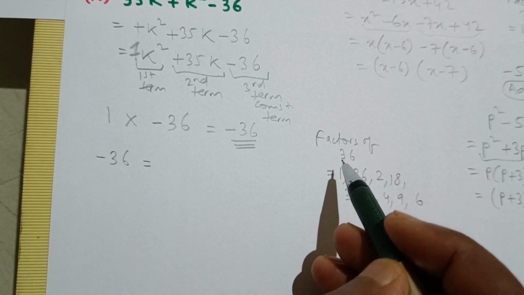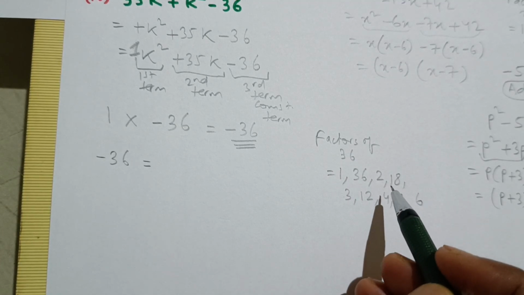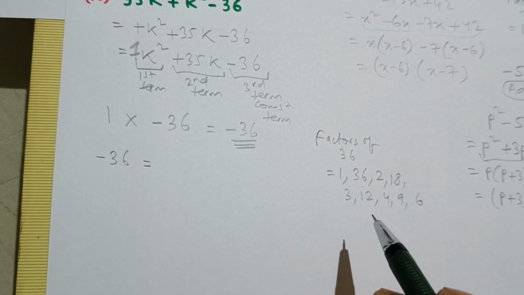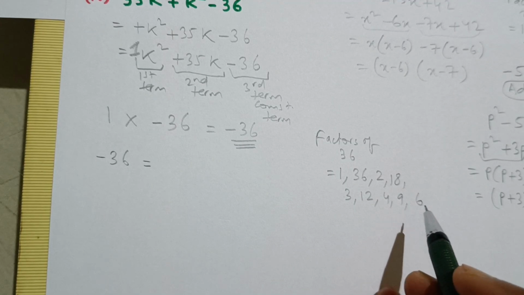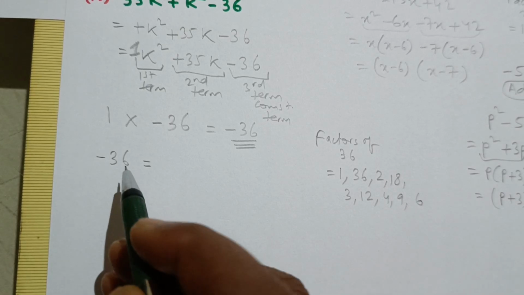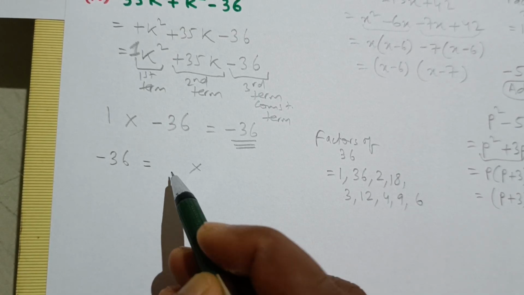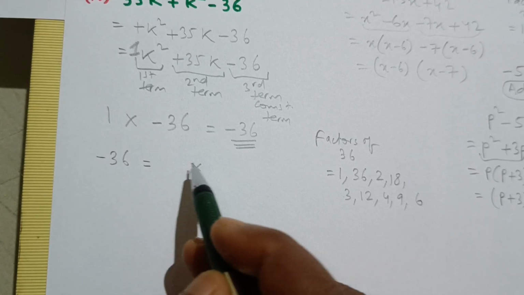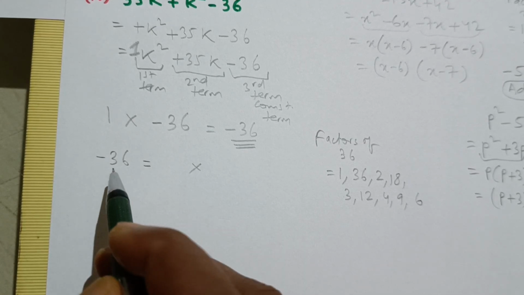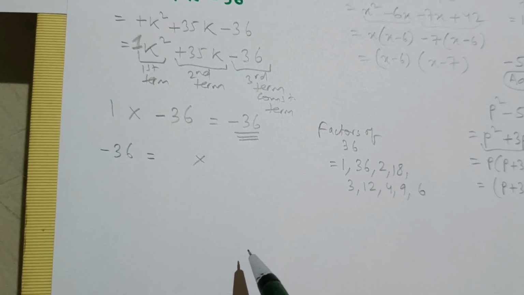Yes, these are all the factors of 36. So we have to find all the possible integer pairs whose product is minus 36.